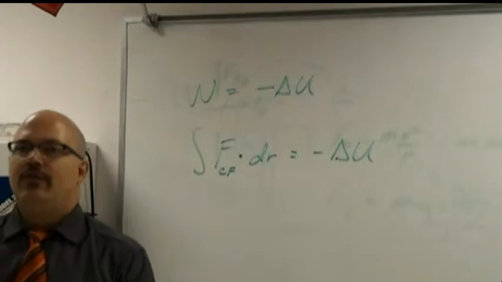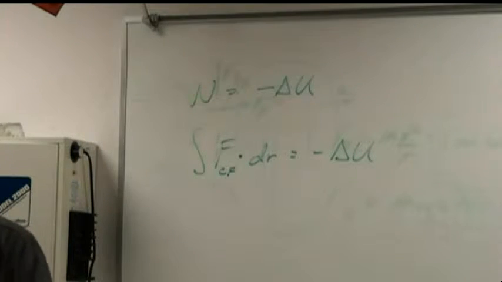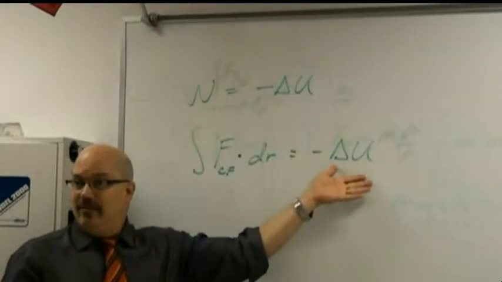So if gravity does positive work on an object, what's it doing to it physically? It's pulling it down and it's moving down. So if it moves downward, what happens to the gravitational potential energy? It decreases. So if this is positive, then the potential energy will be negative.